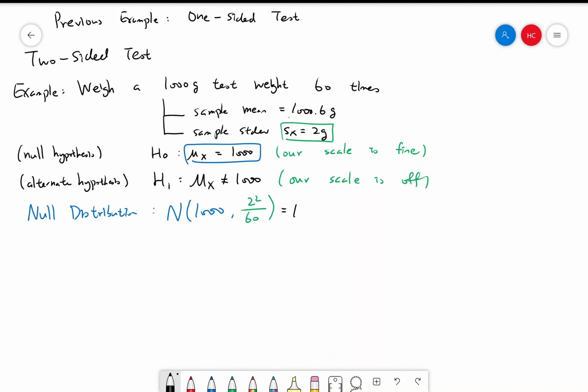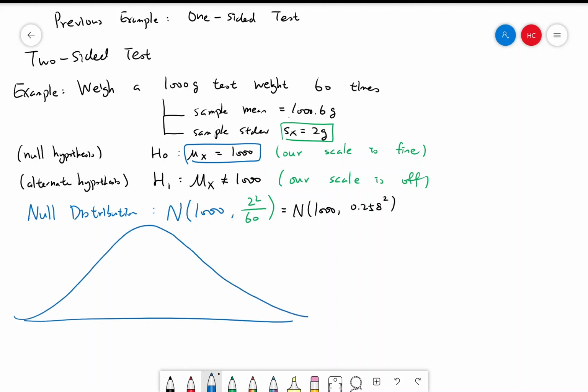So the standard deviation is equal to 0.258. So the null distribution looks like this. The mean is 1,000. And our sample mean is 1,000.6. So let's draw that. 1,000.6 is here.